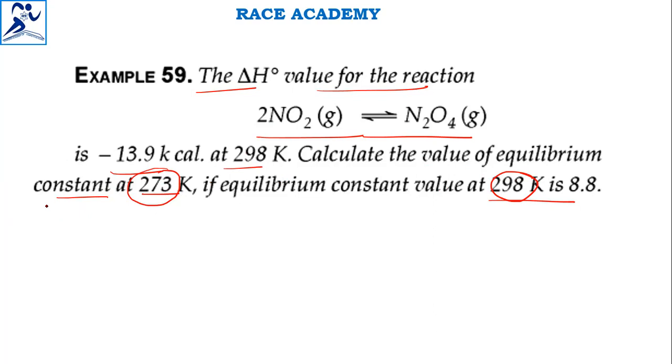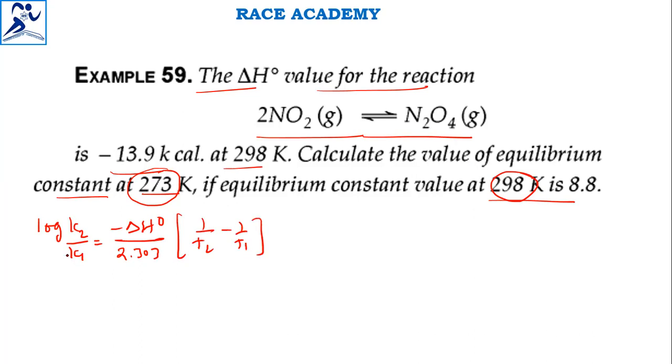If you check it for the two logarithmic forms, log K2 by K1 is equal to minus delta H naught by 2.303 R into 1 by T2 minus 1 by T1. This is the expression. The K value they have given is 8.8 and the other K we have to find.